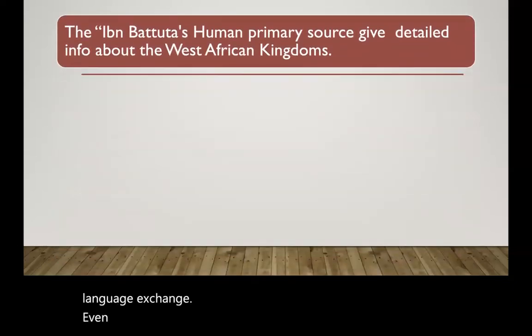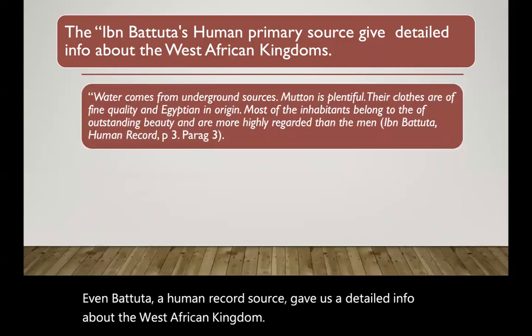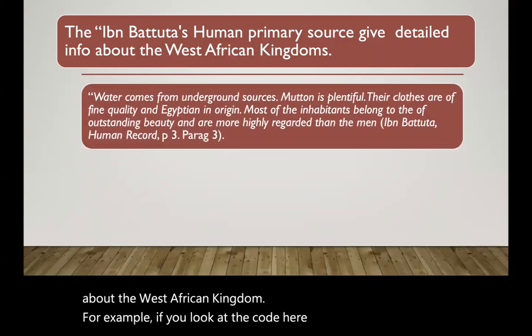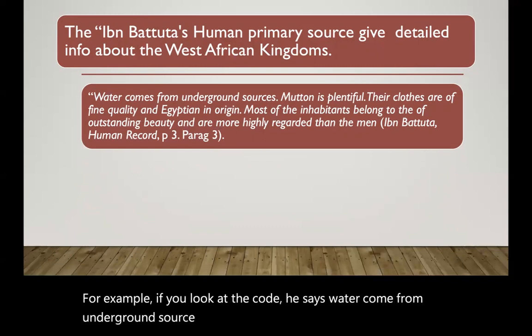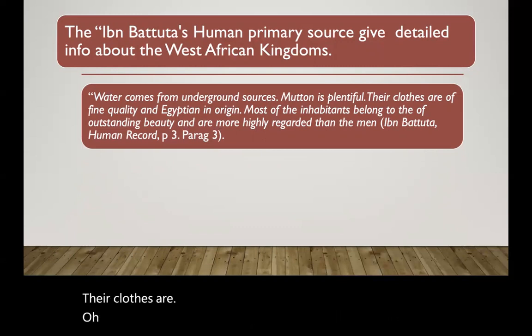Ibn Battuta, a human record source, gives us detailed information about the West African Kingdom. For example, if you look at the quote, he says, water comes from an underground source. Mutton is plentiful. Their clothes are of fine quality and Egyptian in origin.